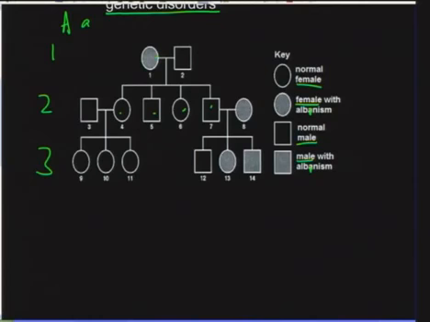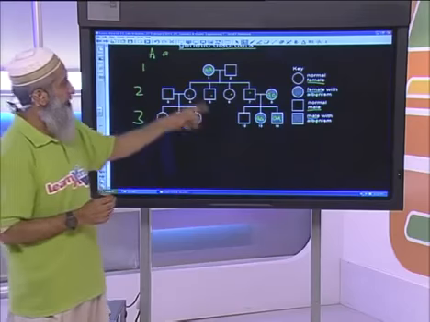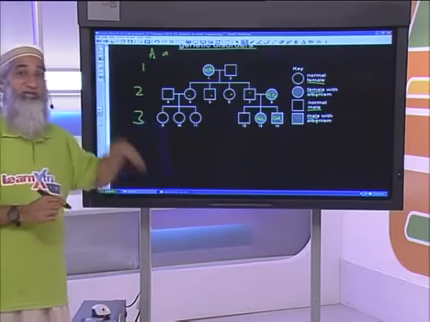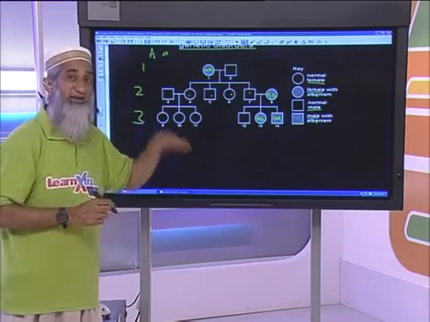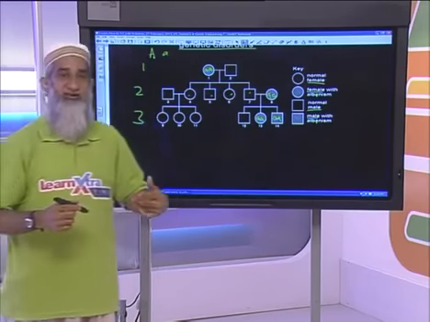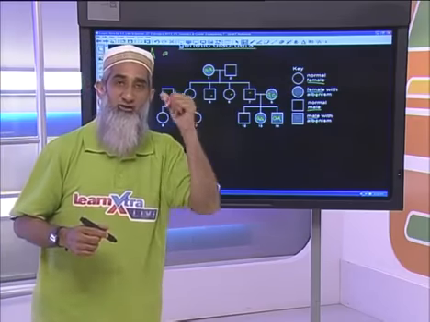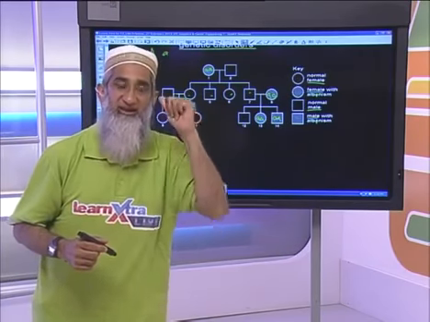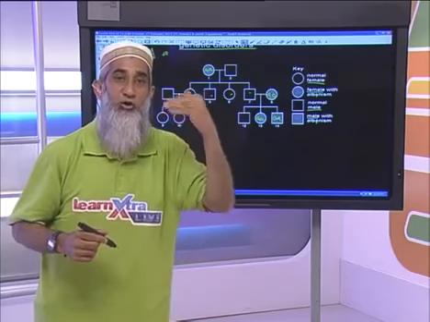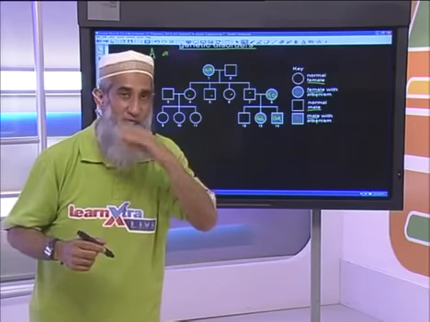So we go immediately to the shaded ones and we fill in there small a, small a, small a, small a, small a, small a, small a, small a. So these individuals, number 1, number 8, number 13, number 14, they are all homozygous recessive. Why do we say that? Because albinism is caused by a recessive gene, and a recessive characteristic will only show itself if it is homozygous.